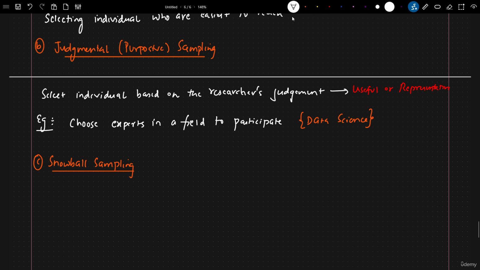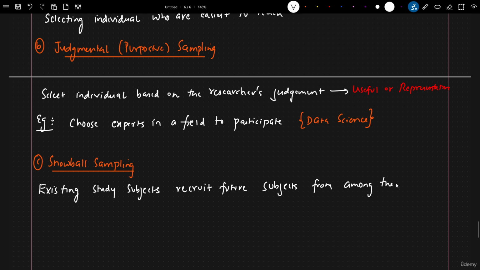So here, existing study subjects recruit future subjects from among their acquaintances.